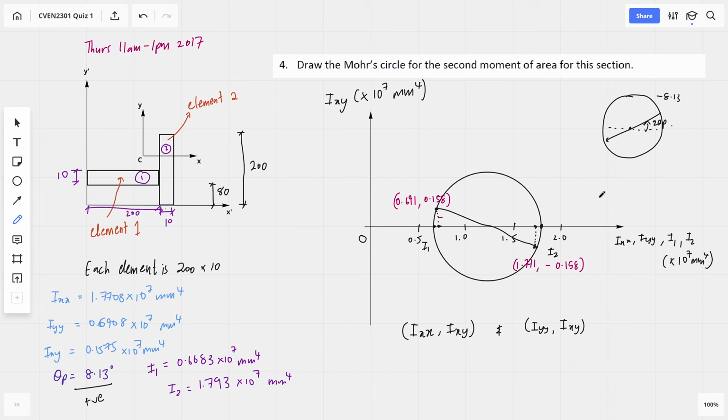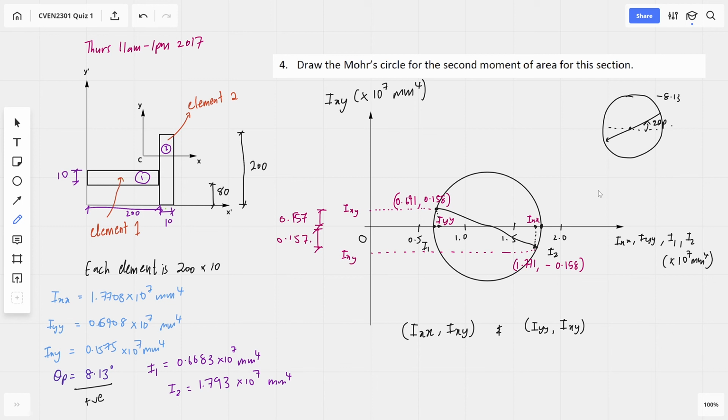Then we can say this is IYY, this is IXX, and we can put dotted points just to say that this is IXY. Try to make your sketch as accurate as you can, to make sure that this distance will be equal to this distance, because they're meant to be the same, both at a distance of 0.157.